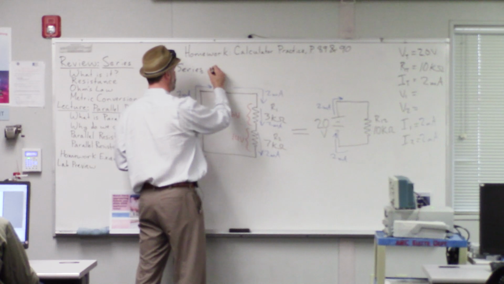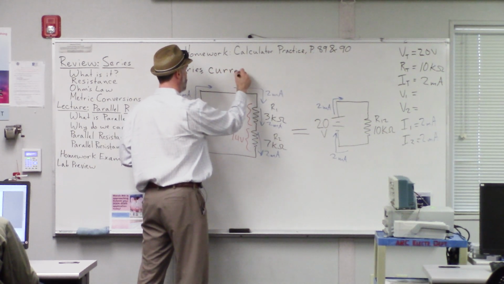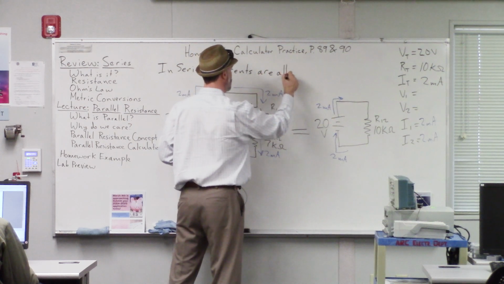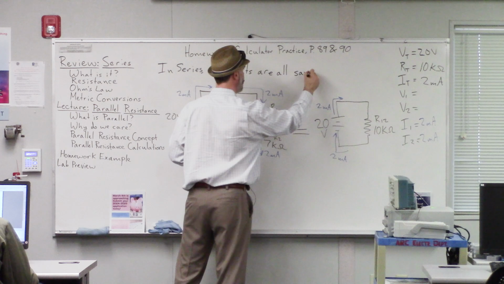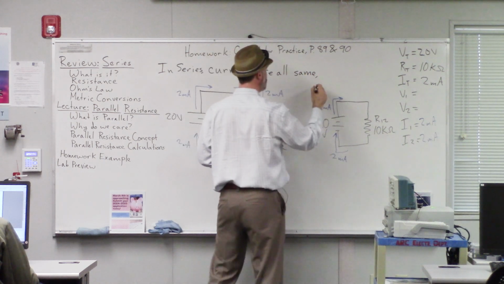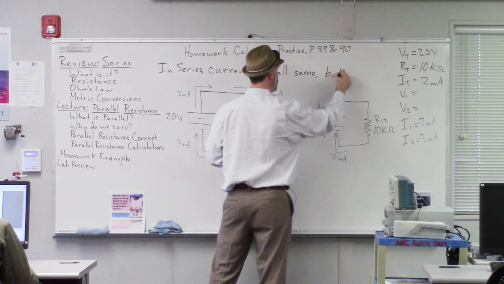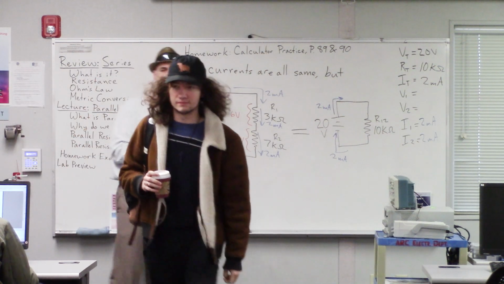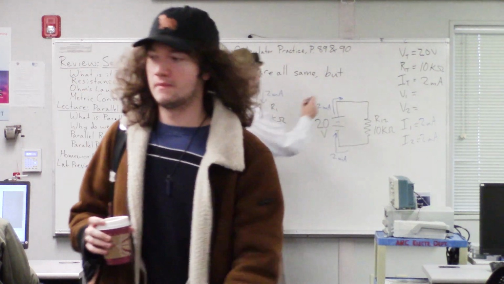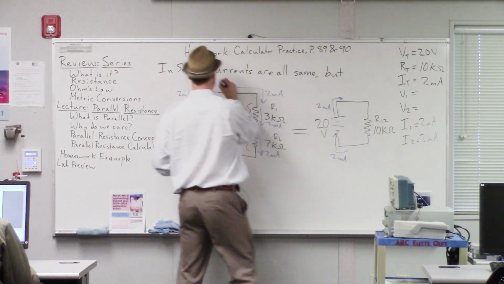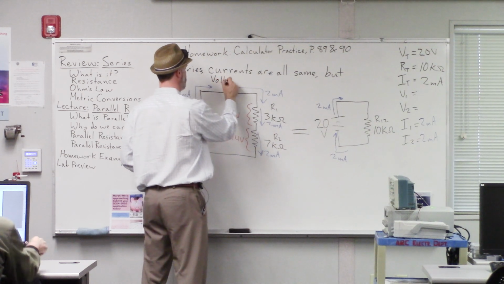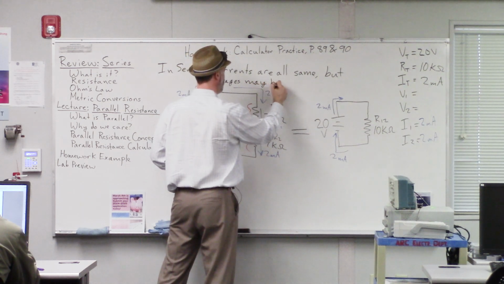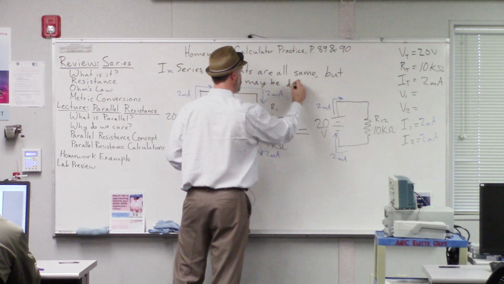So in series, the currents are all the same for all the components. But what about the voltages? Do we have to have the same voltage on R1 and R2? No. So the currents are the same, but voltages may be different.